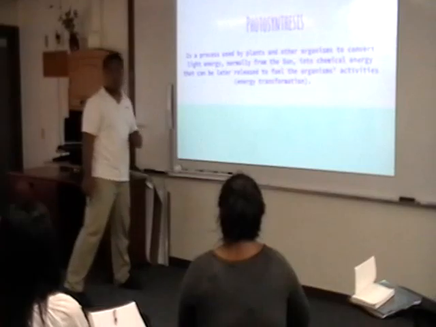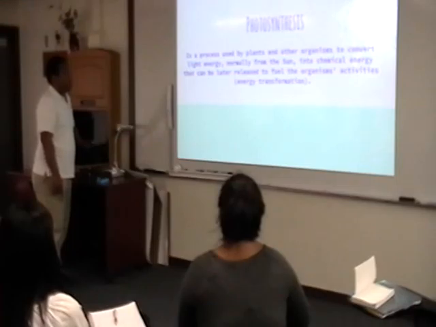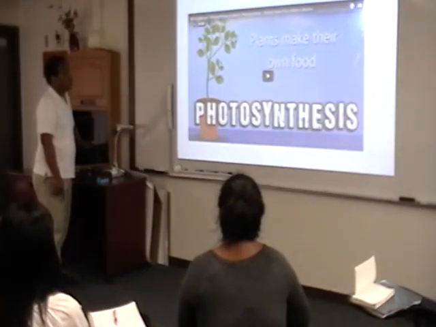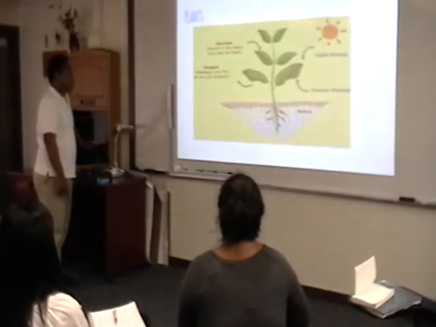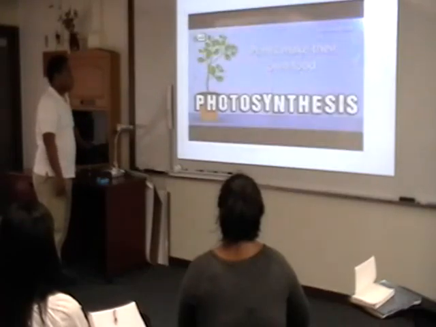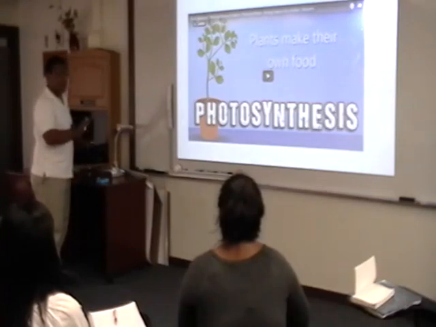I have an equation that is going to make it more clear. But before we talk about this equation and this picture, we're going to ask you to help us get a clear understanding of the whole process of photosynthesis.